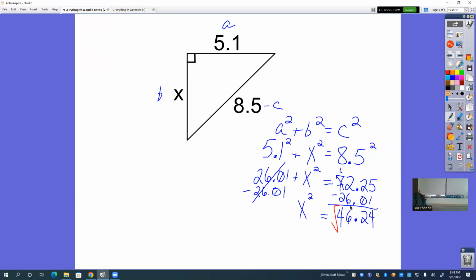And the opposite of squaring something is to take the square root. And when you take the square root of 46.24, you get x equals 6.8, which means that in this case, b equals 6.8.